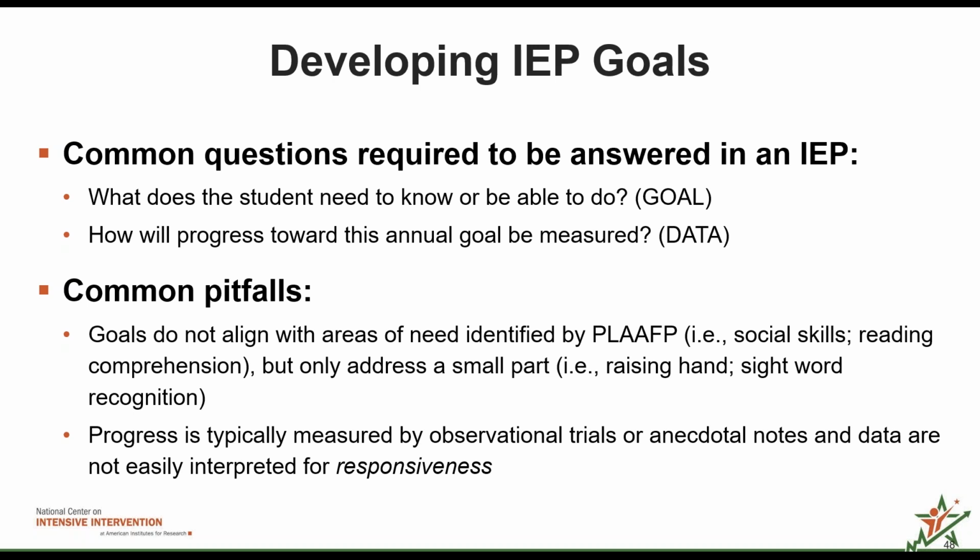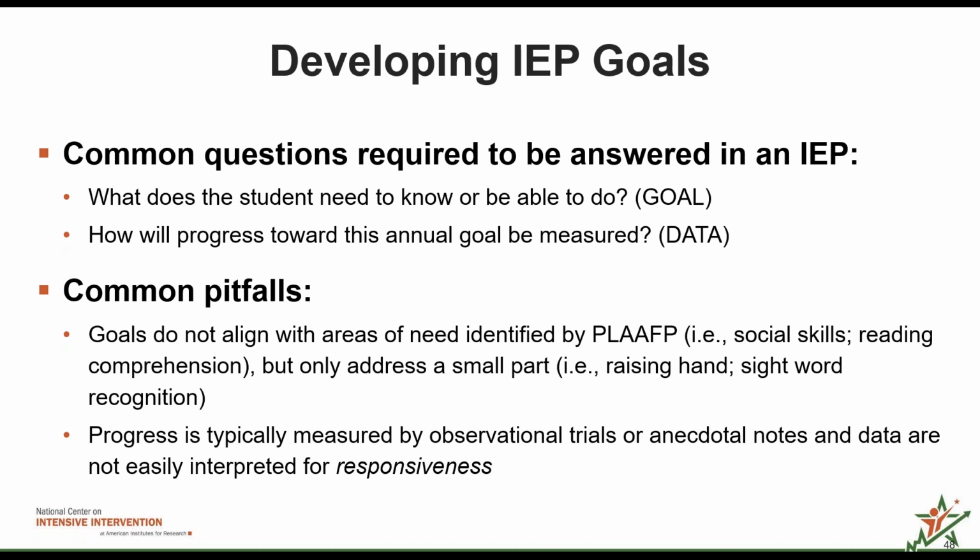Some of the things that we want to caution you around are the pitfalls that we've seen. So as an example, goals not aligning with areas of need identified in those present levels of academic achievement and functional performance. I always like to give this example because it's very close to my heart. A family member of mine has an IEP, and they have social skills deficits as identified through their present levels at the school that they're attending.